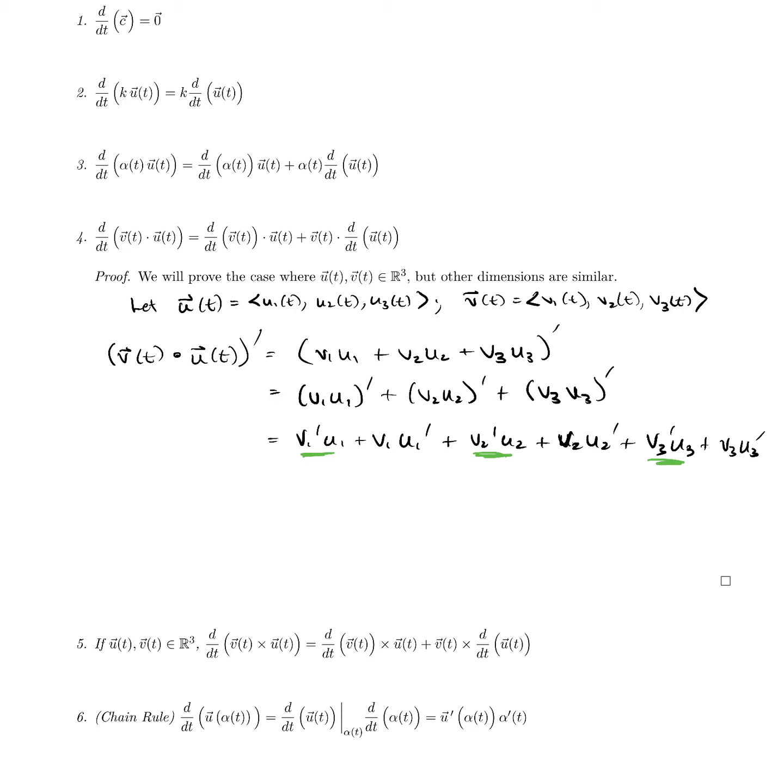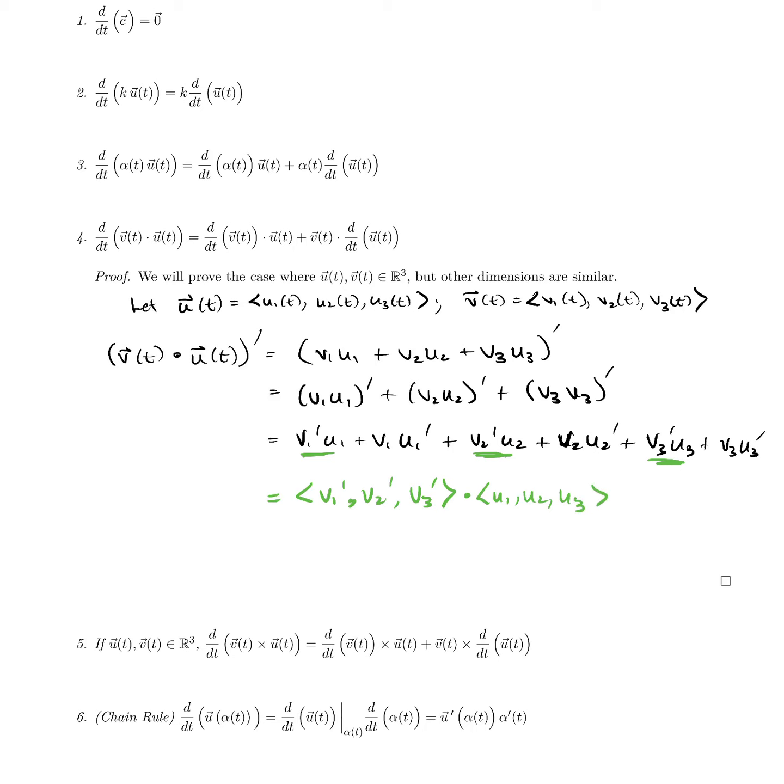So if we collect together the terms that have the v's primed, I've got v1 prime, v2 prime, and v3 prime, dotted with u1, u2, u3.